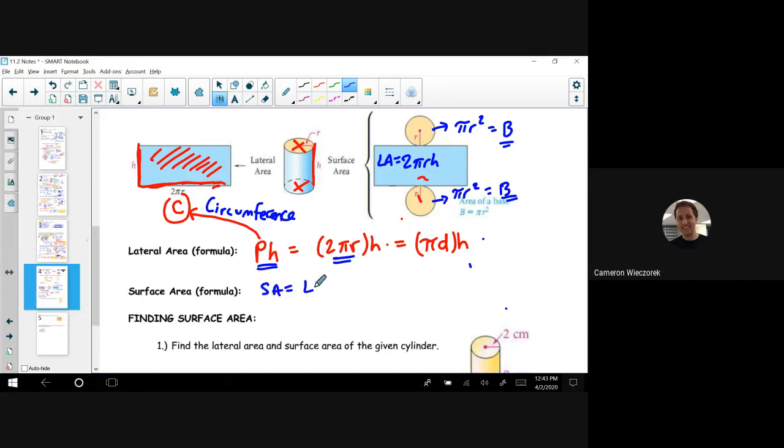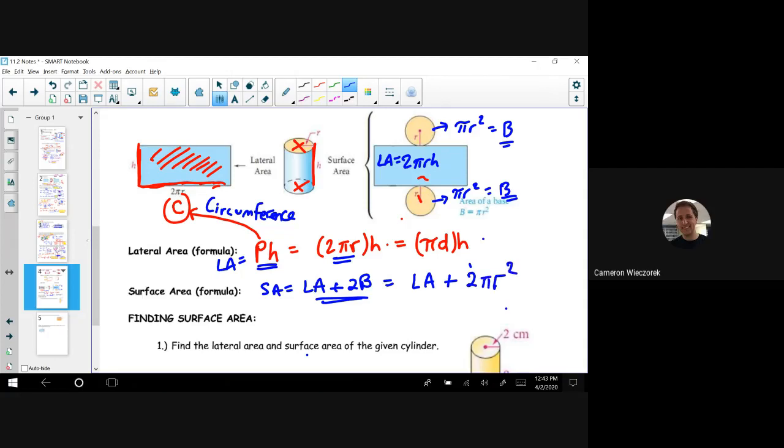It's the lateral area, which is that rectangle in this case, this soup can label, plus 2 bases. They just happen to be circles. So you can just use this, or if you'd like it to be a little bit more specific, you can do lateral area, which was this one, plus each base is pi r squared. There's 2 of them, so plus 2 pi r squared.